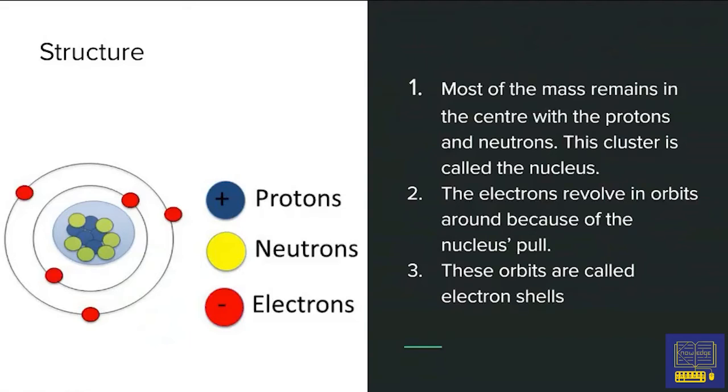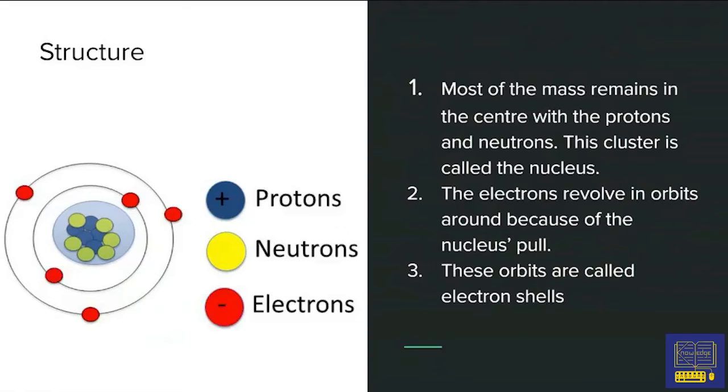This is a very heuristic explanation. Again, scientists are still studying this, but the idea is that because all the weight is centered around there, it has a pull, and that is where the electrons are in these orbits called electron shells. Because of the pull of the nucleus of the atom, the nucleus being the center where all the protons and neutrons are stored.